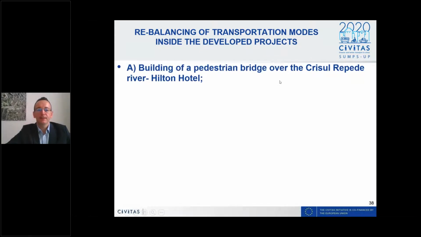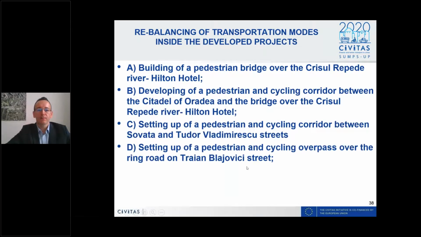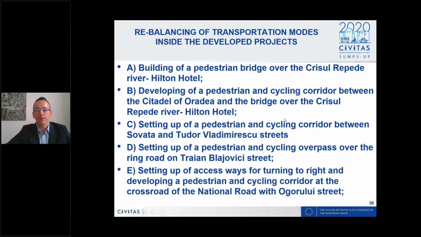If, for example, at the beginning we had projects that were focused more on cars, little by little, due to this program and the conditionalities that were promoted at the level of the regional operational program, we started to have more locally based projects that improve the integration of interventions. But even in the case of projects that are not focused on the local-based approach, we had a better integration in terms of transportation modes.